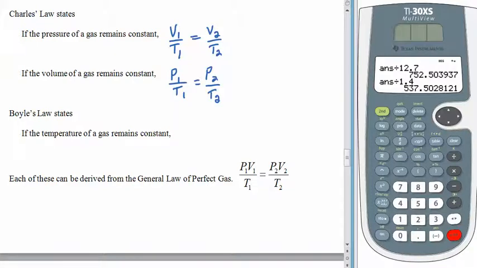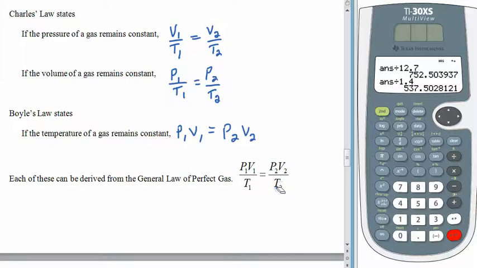At any rate, these have names. So Charles's laws are these two, and Boyle's law is what we would get when the temperature stays constant. There we go. P1 V1 is P2 times V2.